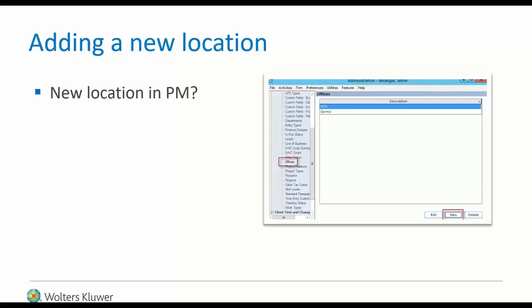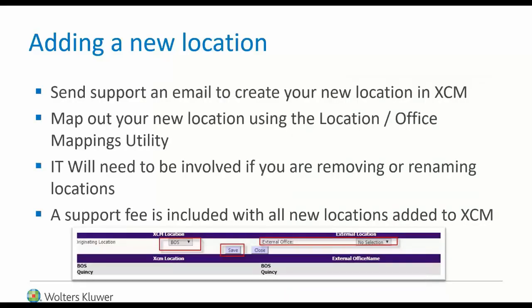But what you want to do with the XCM component is send an email to the XCM support group, which is support@xcmsolutions.com, to create your new office location inside XCM if one is needed. If you are creating a new practice management office location and you don't need a new one, you can skip to the second bullet point.